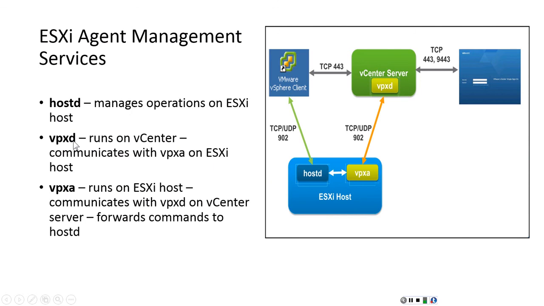The VPX daemon runs on the vCenter server, and it communicates with the VPXA, that is to say, the agent on the ESXi host. The VPXA, the agent on the ESXi host, receives communication from the VPX daemon on the vCenter server, and it forwards those commands to hostd, which manages the operations of the ESXi host.